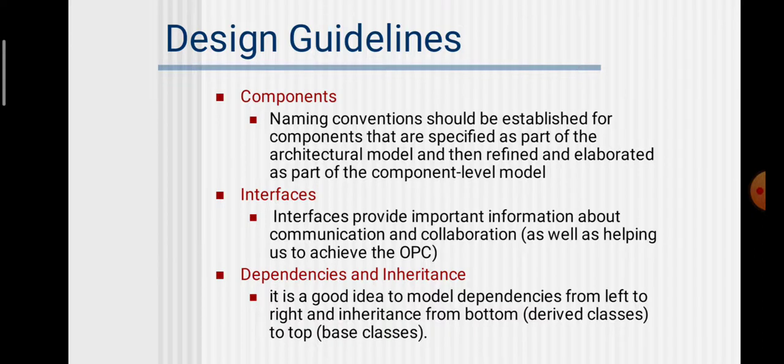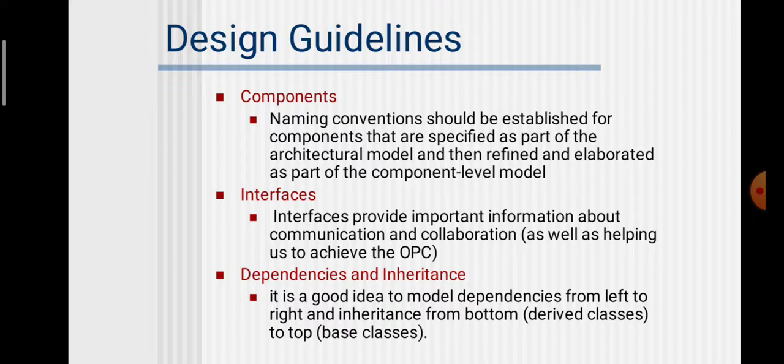Now let us see the interfaces. The interface provides important information about the communication and collaboration, as well as helping us to achieve the OCP. That means the interface will provide important information about the different communication. If I have a component, this component will be communicating with some other component or some other interface.